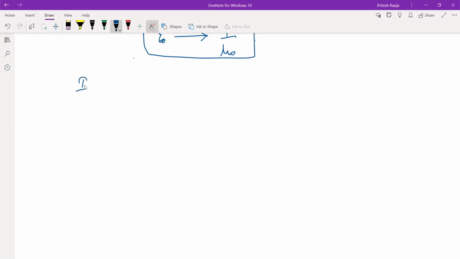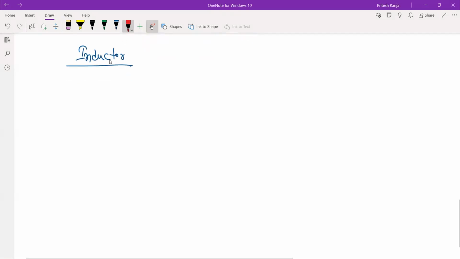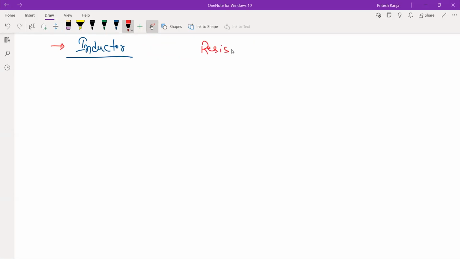So first we have the inductor. For the inductors, let us start from here. We will compare it with resistors and with capacitors. For inductor, we had the equation phi is equal to L into I. For resistor, we had V is equal to I into R. For capacitor, we had Q is equal to CV.